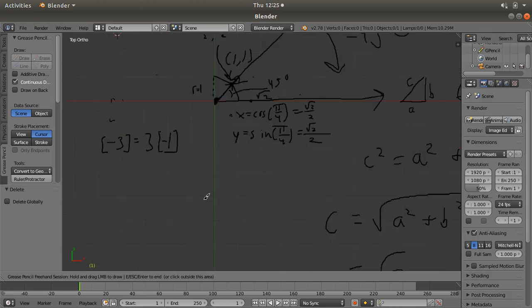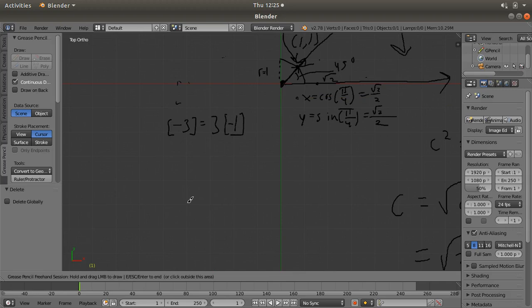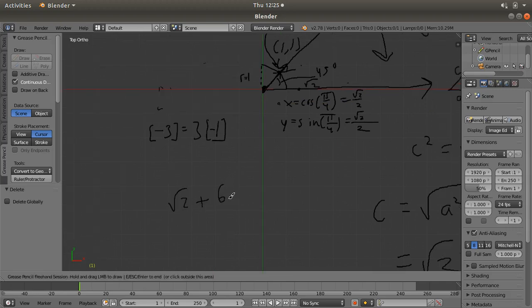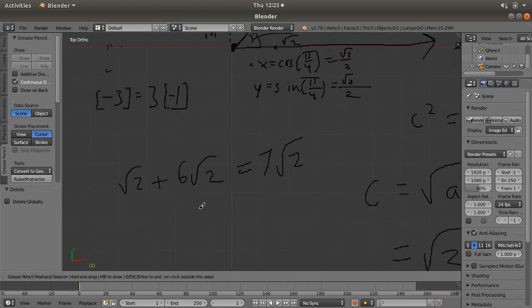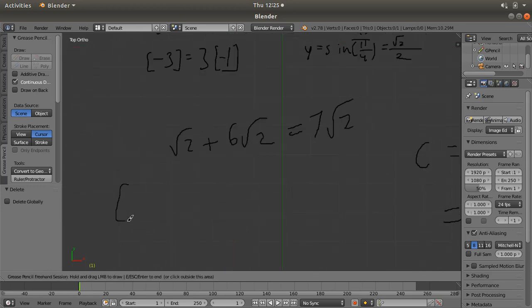So if we add their magnitudes, root 2 plus 6 root 2, you get 7 root 2. Another way to add these is as vectors. 1, 1 plus 6, 6. And the way to add vectors is component-wise. You add the x's, and then you add the y's.